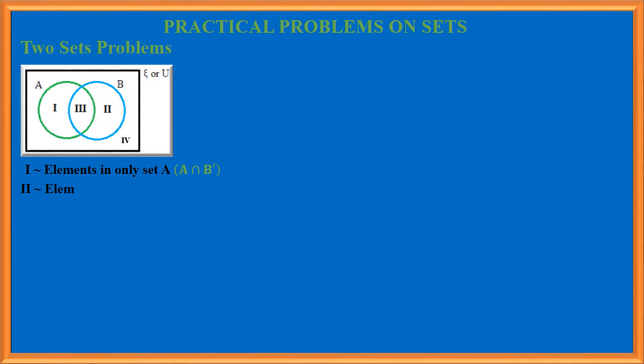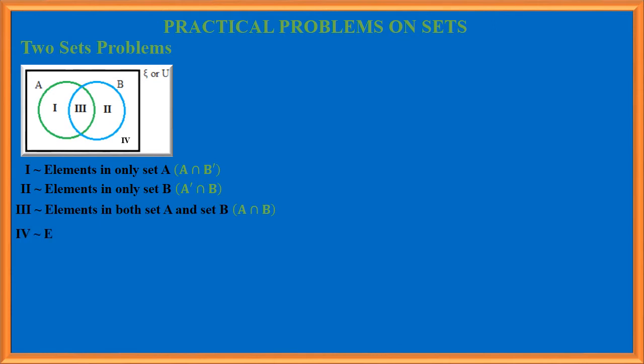Then II contains elements belonging to only set B, which is represented as A prime intersection B. Then III represents or contains elements belonging to both set A and set B. We have A intersection B.